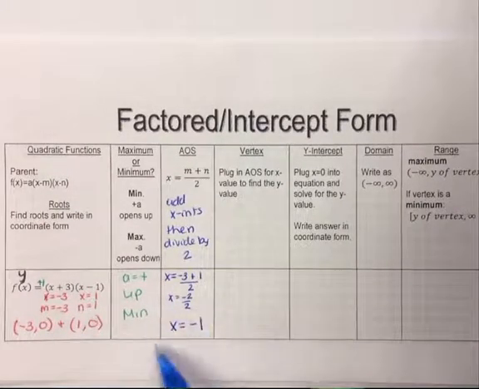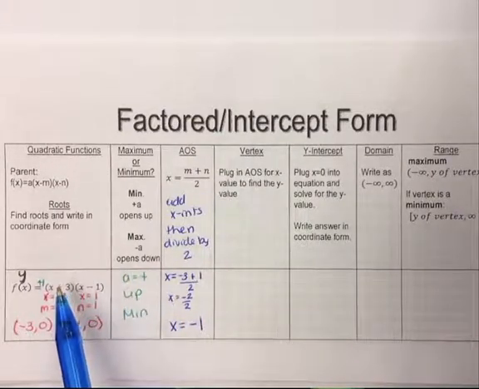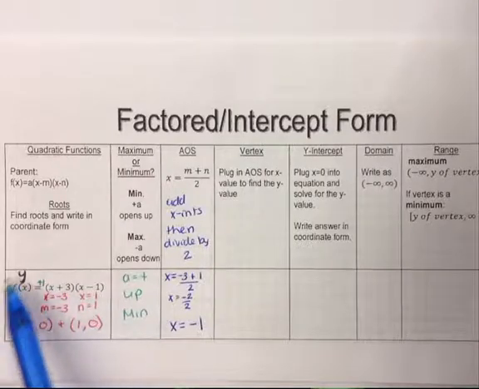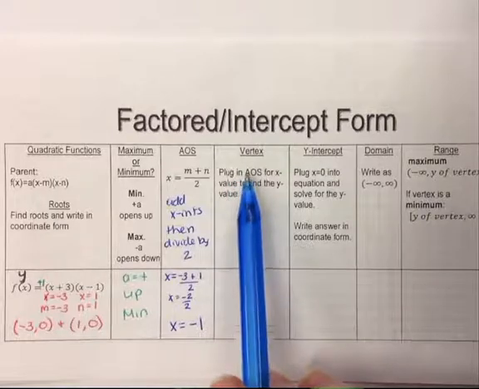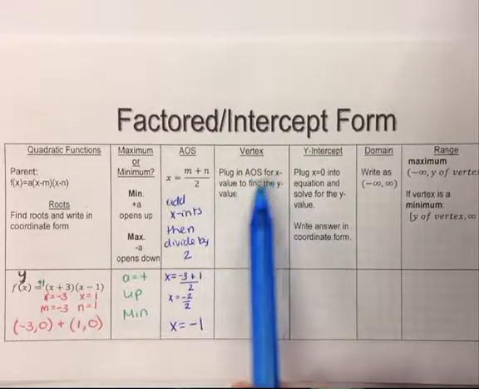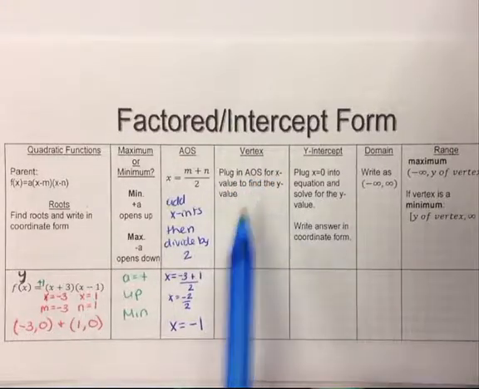The reason we want to find our axis of symmetry first on this part is so that we can find the y value of our vertex. If we have the x value, we can substitute it back into the original problem, and all we're left with is the y. So for the vertex, we want to plug in the AOS, the axis of symmetry, for the x value to find the y value.